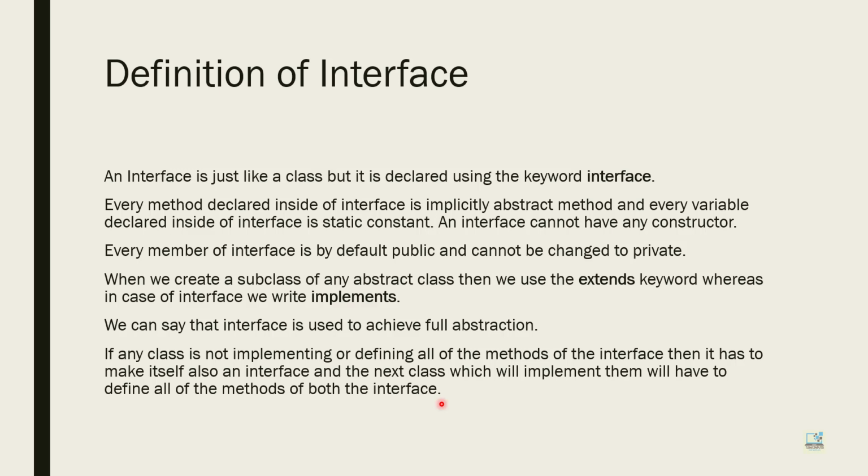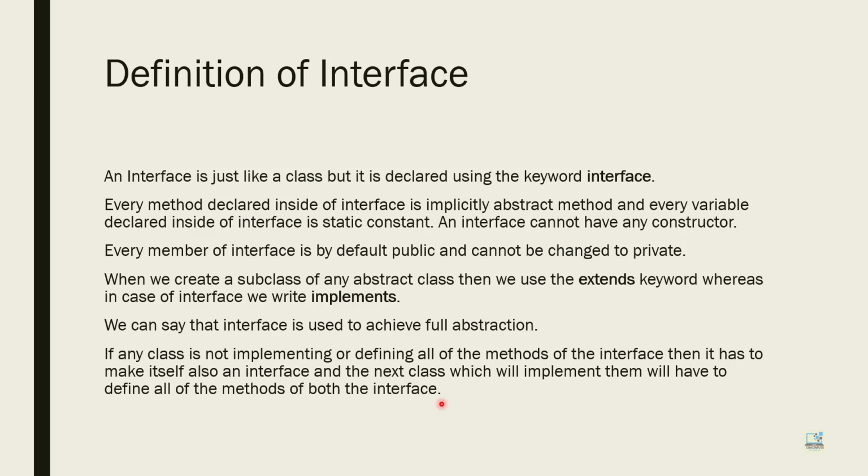If you derive any class from that interface, then you need to define both of the methods. But if you are not doing that, then what you are deriving will have to be an interface. It means you cannot make a class then.